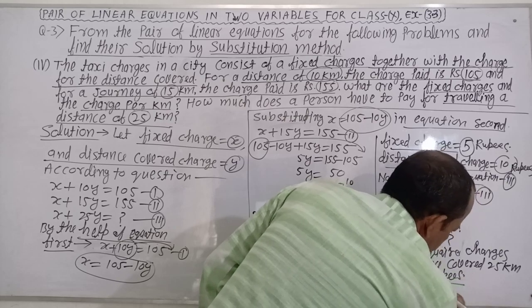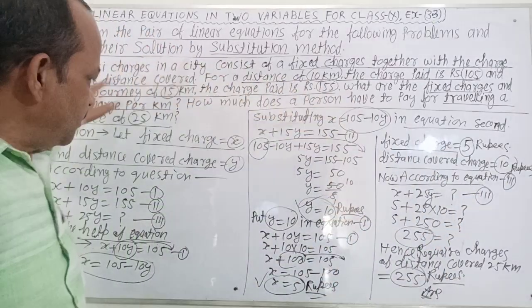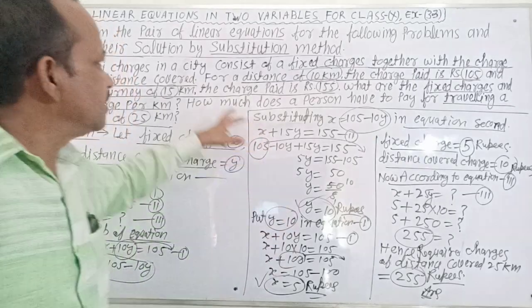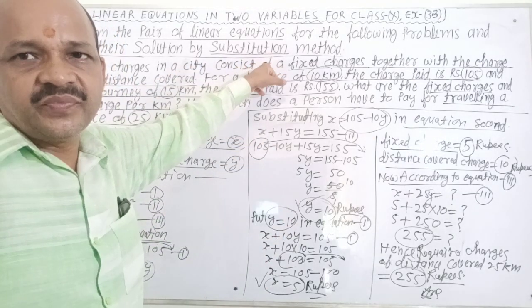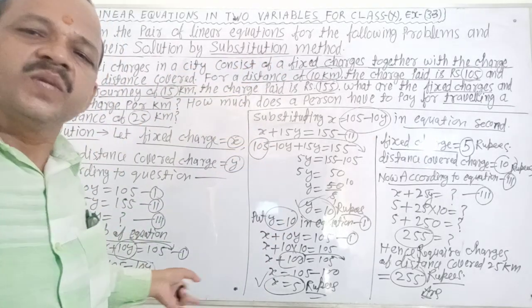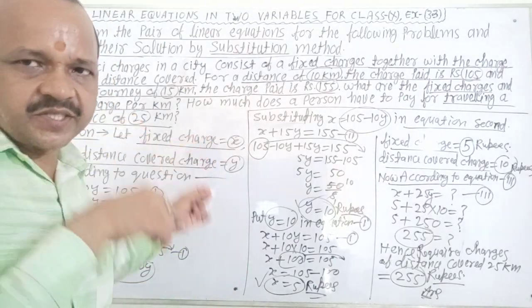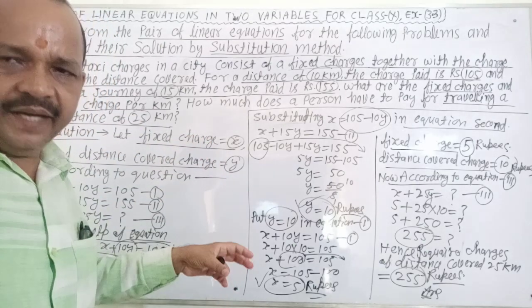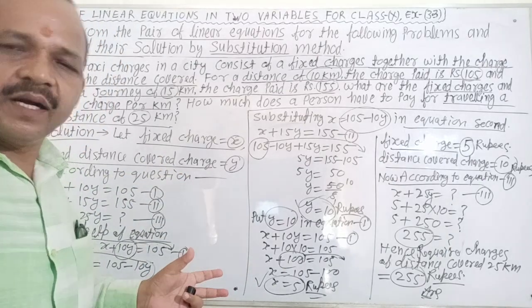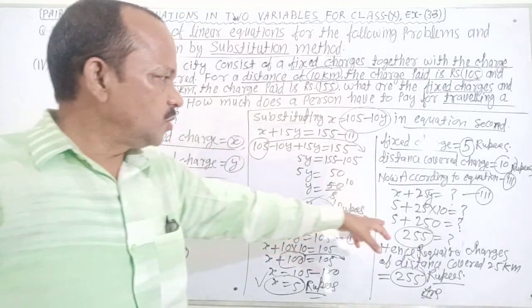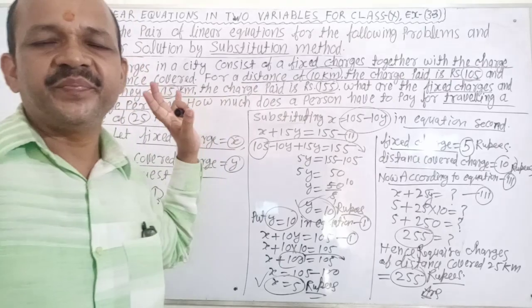Answer. You solve your question by the substitution method and you find the fixed charges, distance covered charges and total charges of distance covered 25 km.